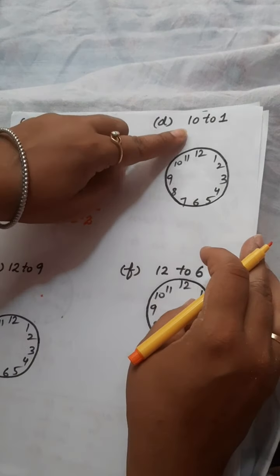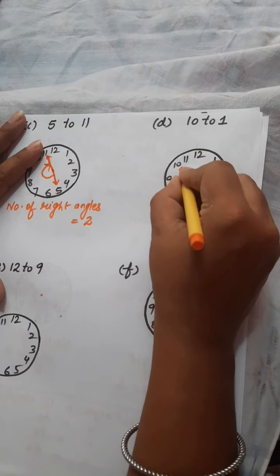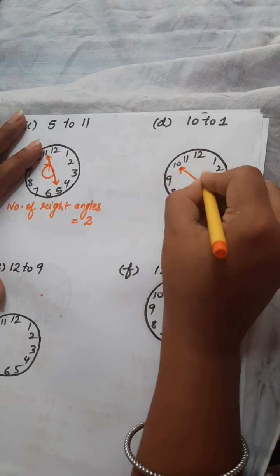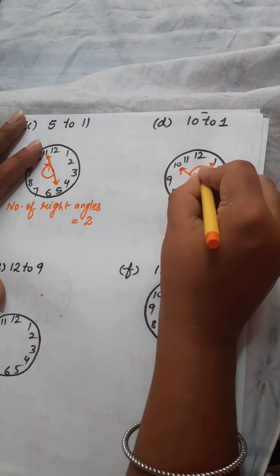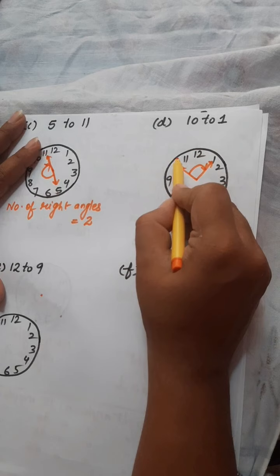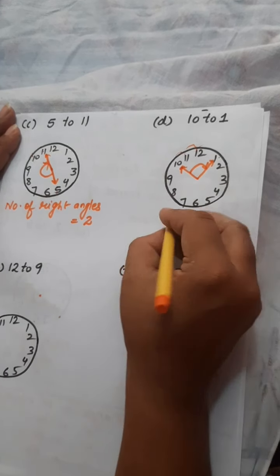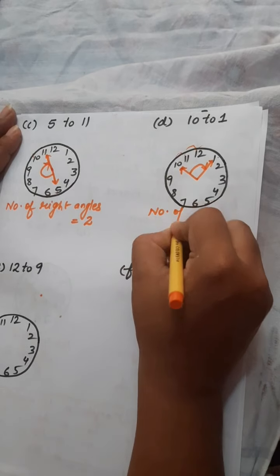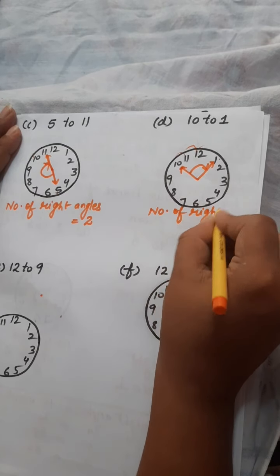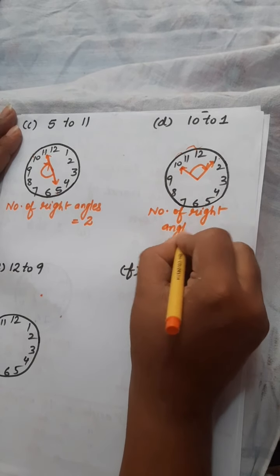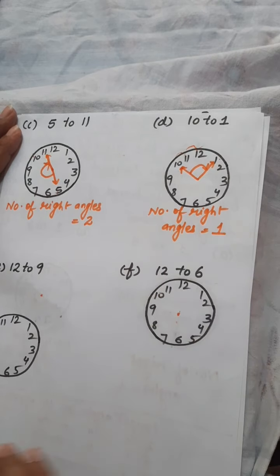Then we have from 10 to 1. So this is the direction, and here minutes covered are 5, 10, 15. So 15 minutes covered means the number of right angles is 1.